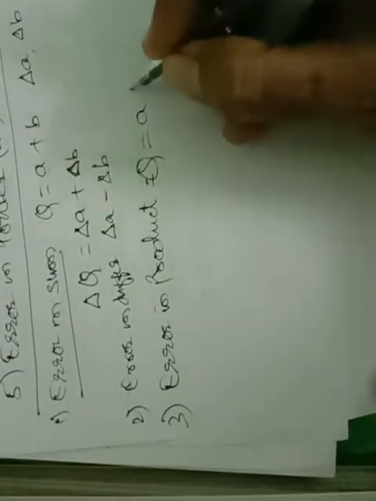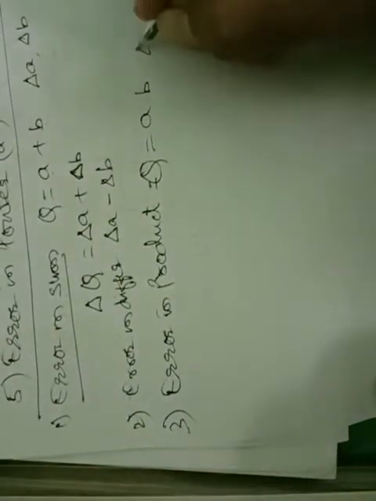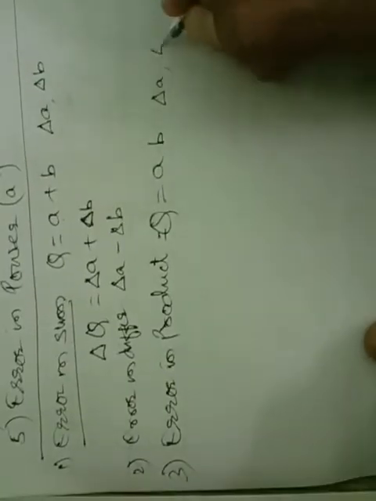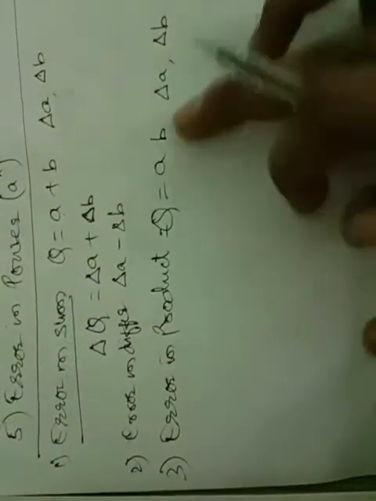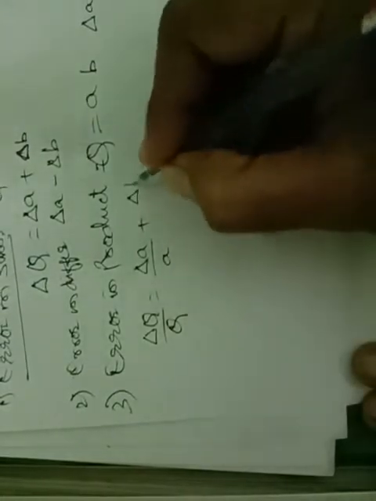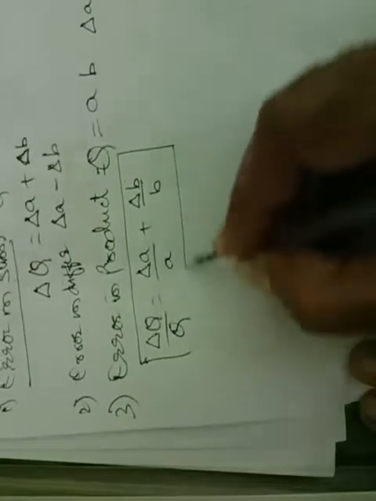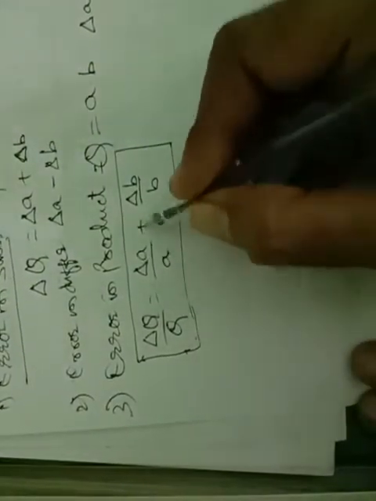Q is equal to A into B. Here, if I say that delta A and delta B are the absolute errors in the two quantities A and B, then the formula will be delta Q upon Q is equal to delta A by A plus delta B by B.